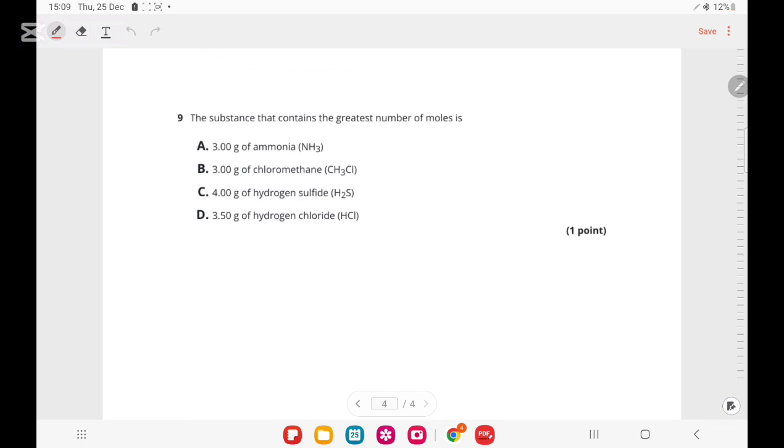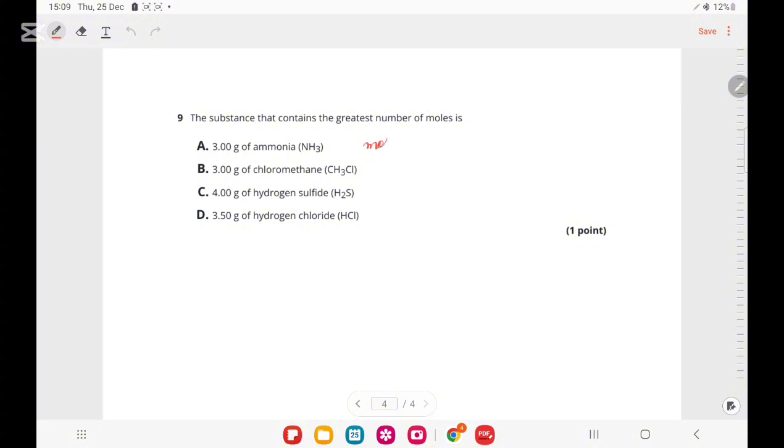Then, the substance that contains the greatest number of moles is, so let's see which contains the greatest number of moles here. First of all, we need to find the mole.